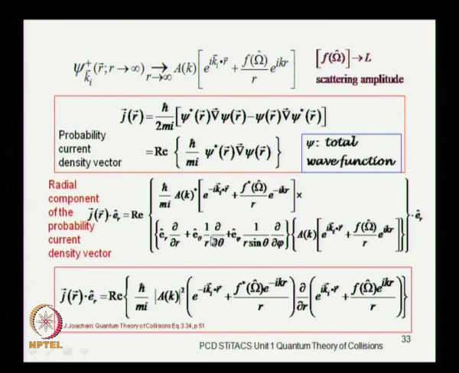So, the only term you will need to consider is the one with the unit vector Er, which dotted with Er will give you 1; the other terms will not contribute. So, you have just the partial derivative with respect to r coming from the operator Er del by del r, and then the wave function, the incident part plus the scattered part. This amplitude together with the complex conjugate gives you the modulus square, and that is taken care of.